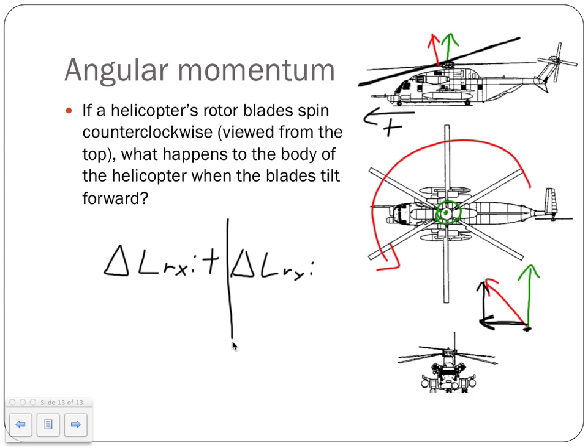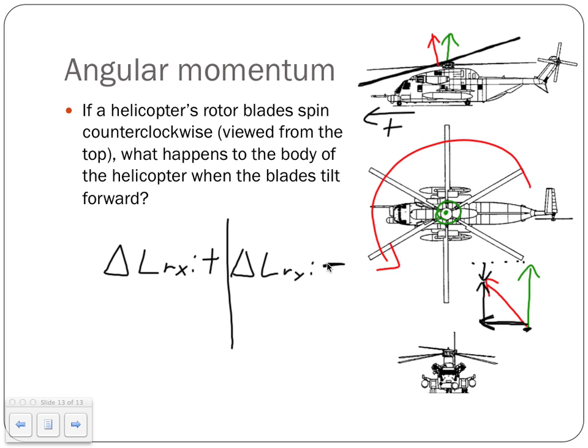That's just a positive. In the y direction, originally the whole angular momentum was pointing in the y direction, but now only part of it is. So there's been a change, and that change is negative: the change in the y direction of the rotor's angular momentum is negative.